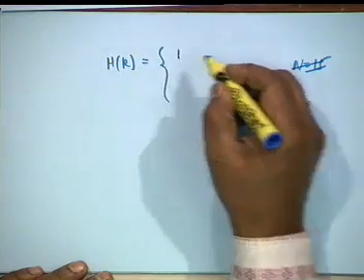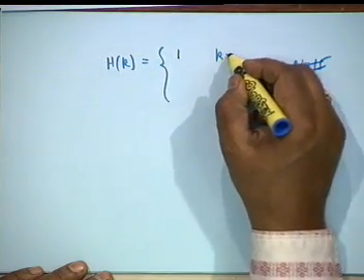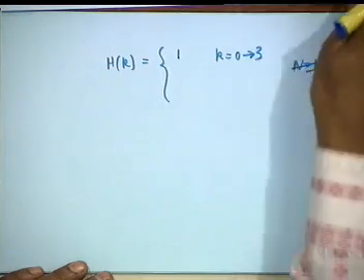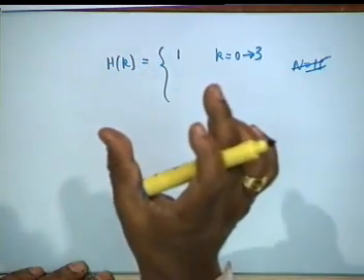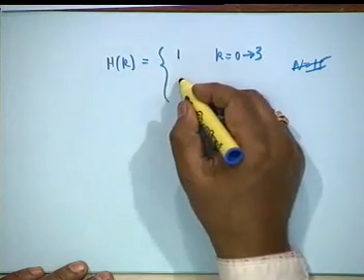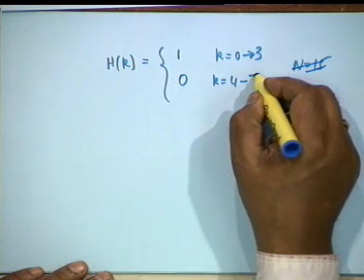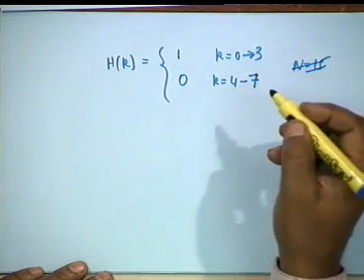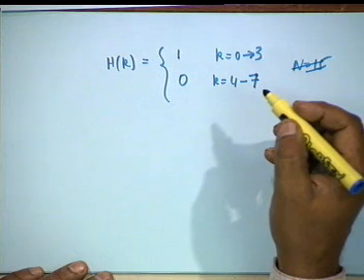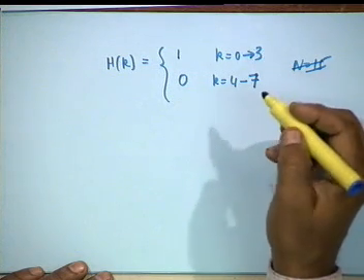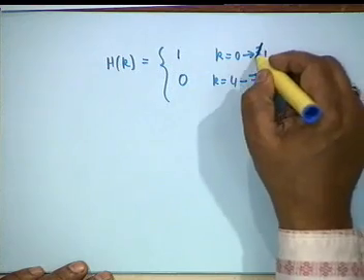If you do not allow a transition, then it is 1 from k equal to 0 to 3, right. There are 4 samples. If you do not allow a transition, 0, k equal to 4 to k equal to 0 to 4, agreed.